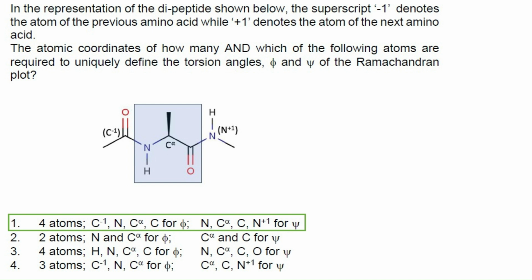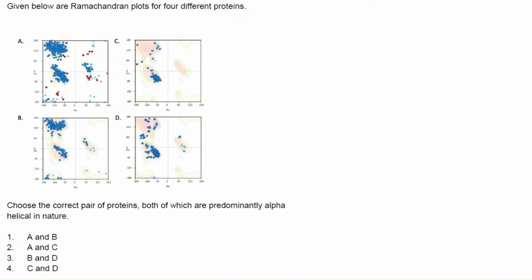Now, moving on to the second question, a bit more practical application of the phi and psi angles. In this question, we are given the Ramachandran plots for four different proteins. The x-axis is the phi angle and the y-axis is the psi angle.